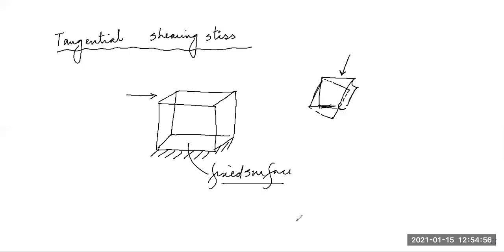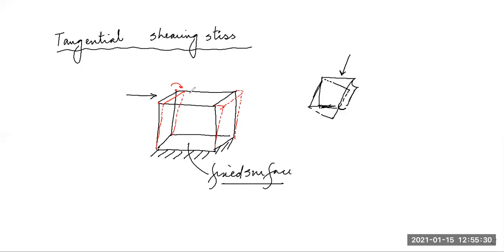So you are applying force on the top surface. Now what will happen? This point will shift to this point, right? This point will shift to this point. Similarly, here, this point will shift to this point. So this red would be the new shape of the body. Am I right?